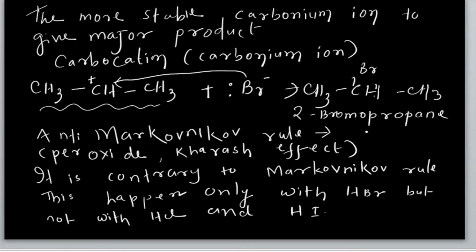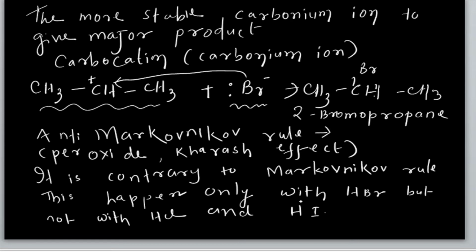After the mechanism, you can say the product is 2-bromopropane. What does Markovnikov's rule say? That the negative part will go to the carbon which contains fewer hydrogen atoms, and that is true by the mechanism.